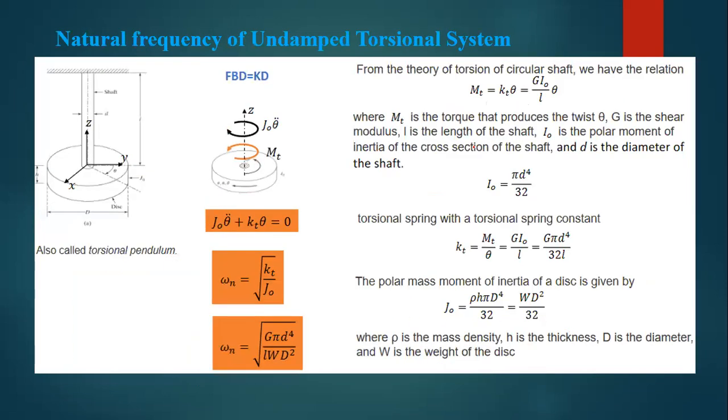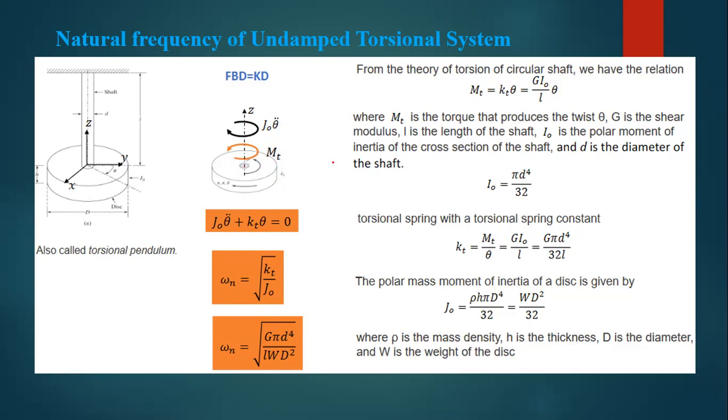Okay, so here, this is a torsional system. This is the shaft, and there is a disc here, and these are the axes of reference. So J naught theta double dot is the mass times acceleration part of the linear case, and the torque M_T is applied here.